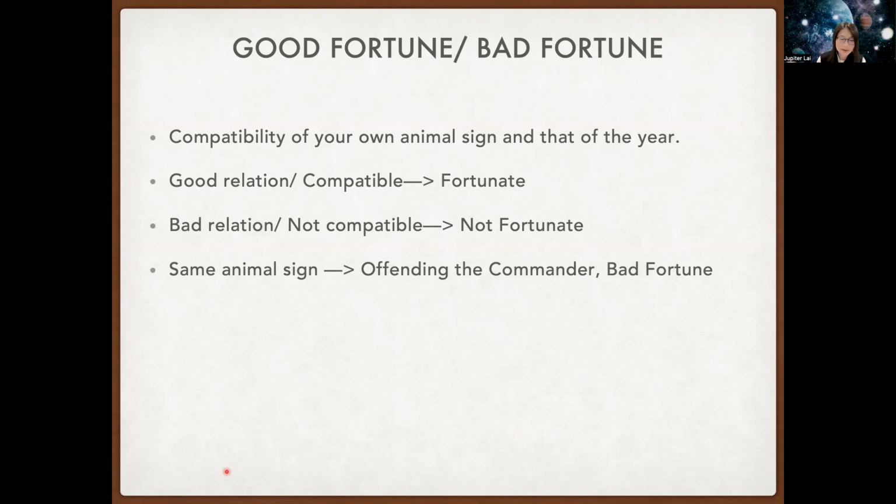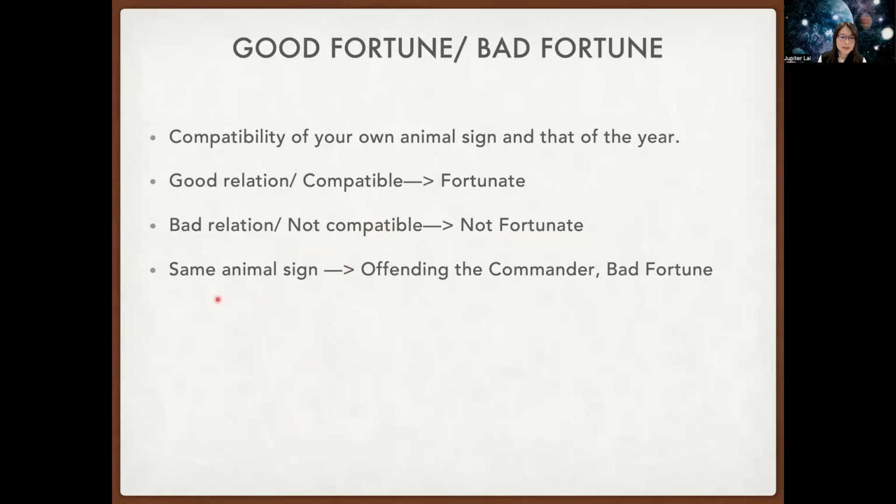For example, this is the year of the dragon. We'll have a table to check in a second to see whether your sign is compatible with dragon. If you have a good relation with dragon, then you're compatible, and you'll be fortunate this year. If there is a bad relation, it's not compatible, and this is not fortunate.